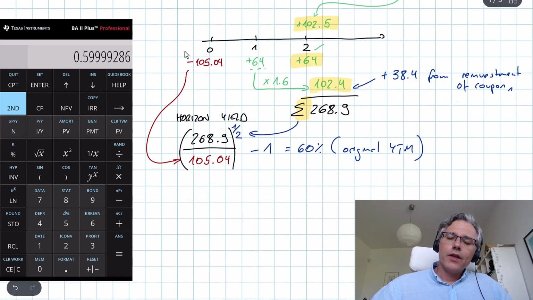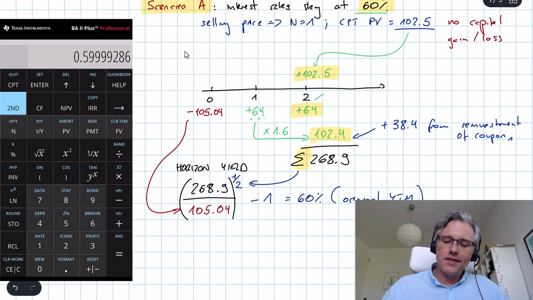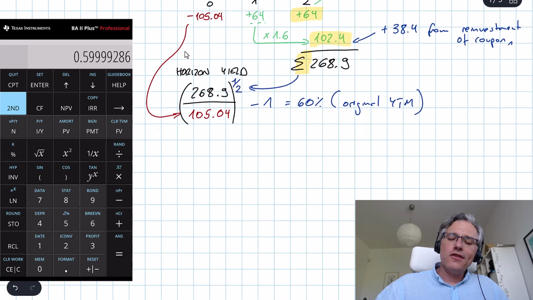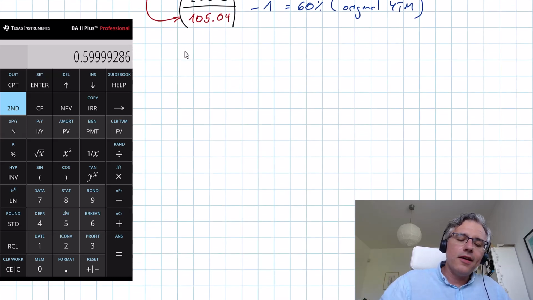However, the more interesting analysis comes if we entertain a different scenario.